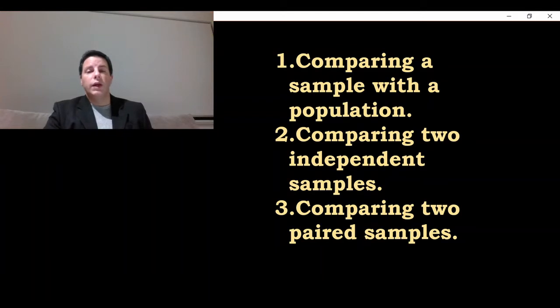So the 3 analyses that we did were, the first one, comparing a sample with a population. The second one, comparing 2 independent samples. And the third one, comparing 2 paired samples.